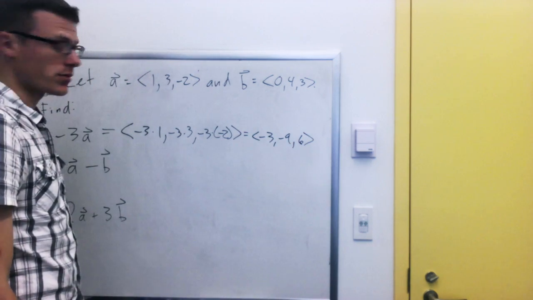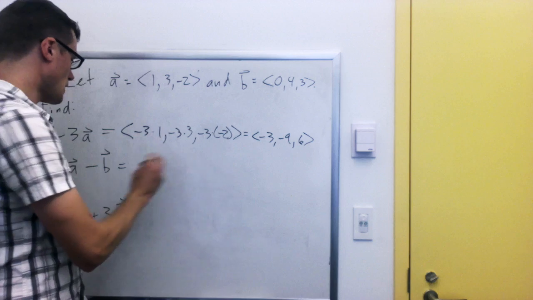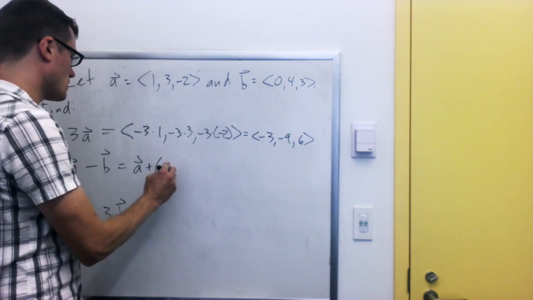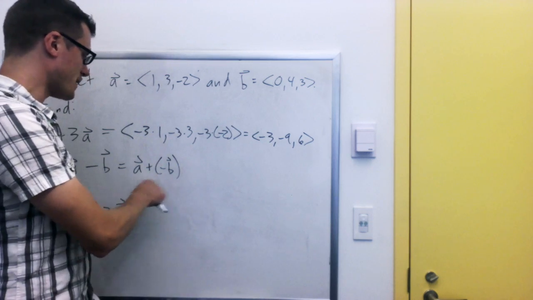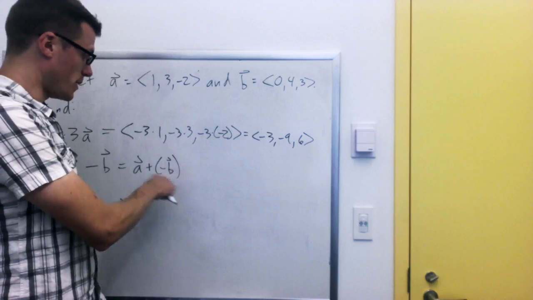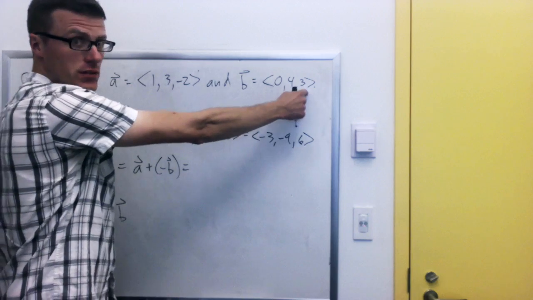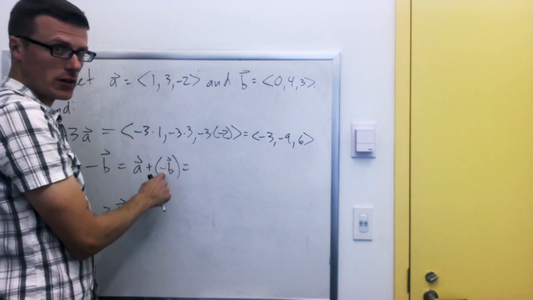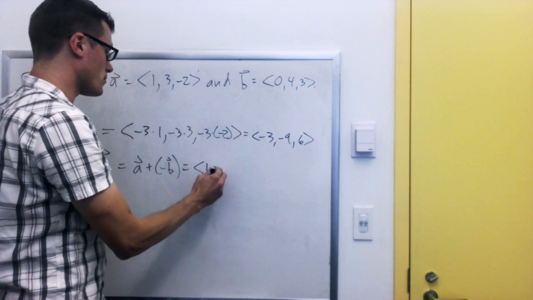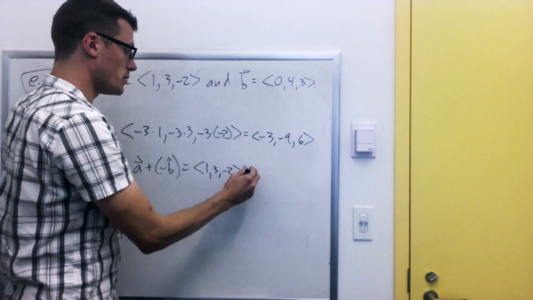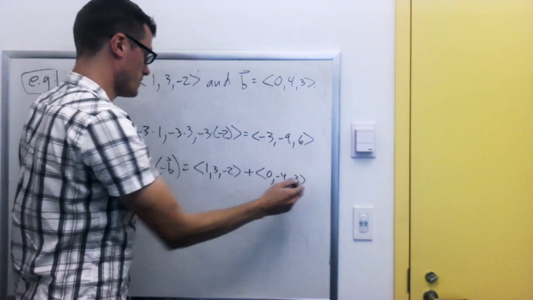That is negative 3A. Now we want A minus B. Well, let's just remember that the difference of B from A is really adding the negative of B to A. And the negative of B we can obtain just by negating its coefficients, because it's just negative 1 times B. So this is really going to be 1, 3, negative 2 plus the negative of B, which is 0, negative 4, negative 3.